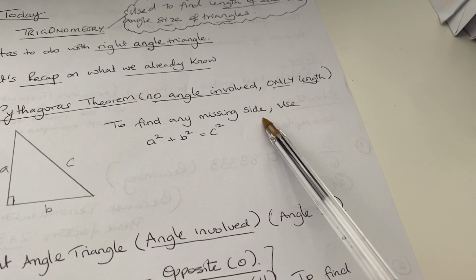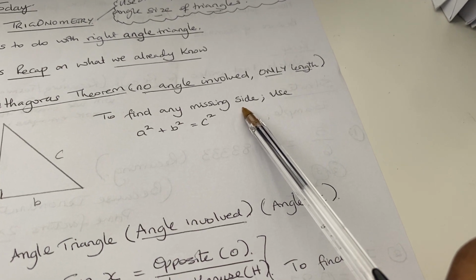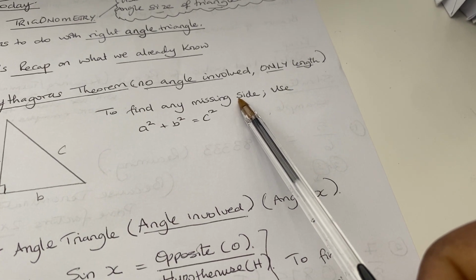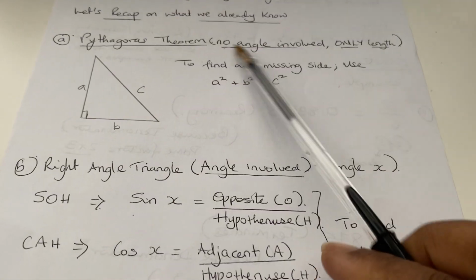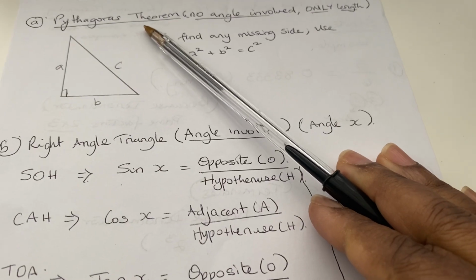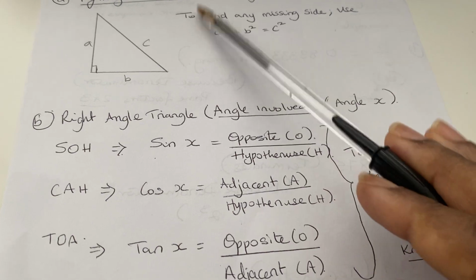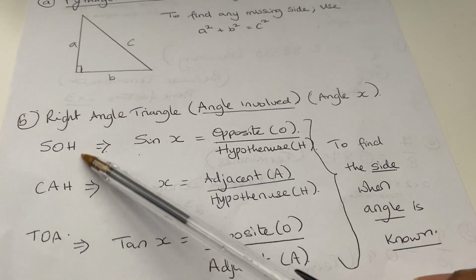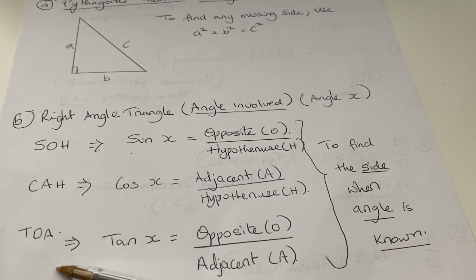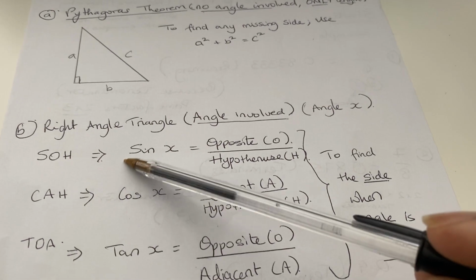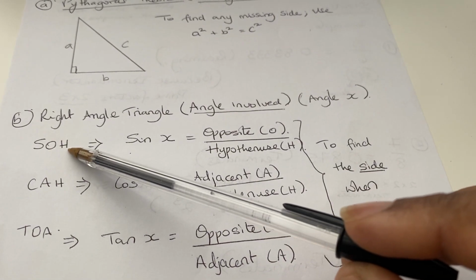I've used Pythagoras' theorem to solve some beautiful questions in a higher paper, and then in the foundation paper. So go back and look at it. This is also SOHCAHTOA, which I have said to you, where the SOH is opposite over hypotenuse.